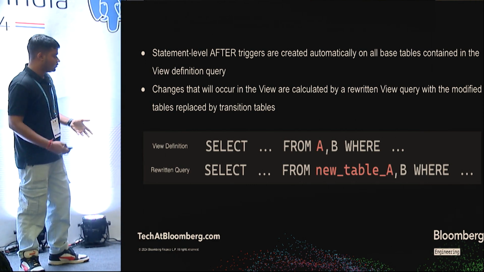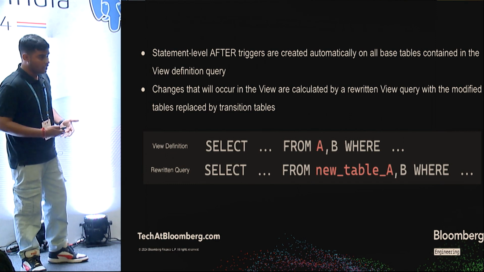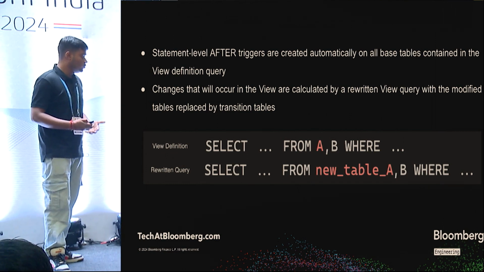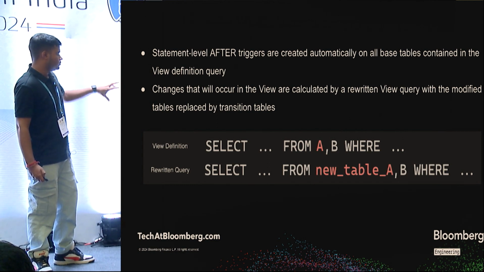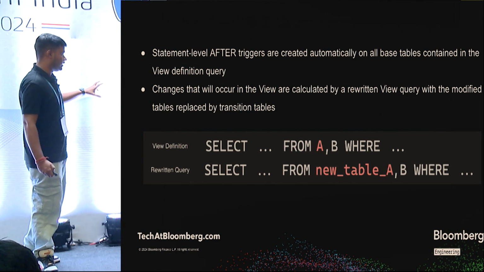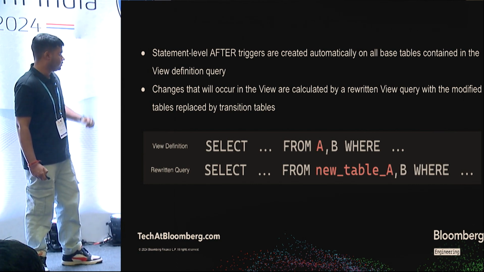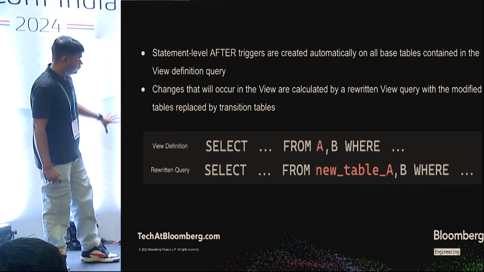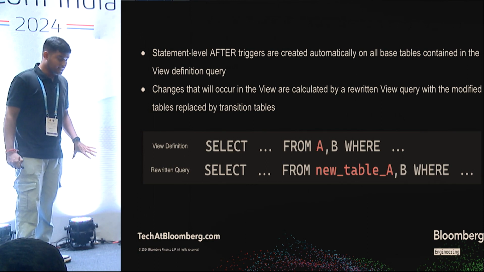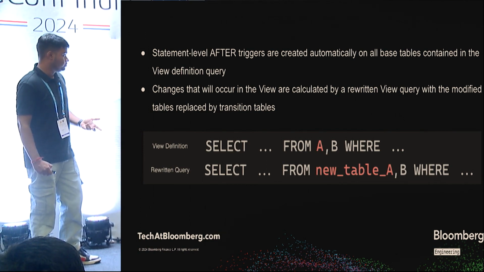So now we have the rows that were affected, and in order to get the rows that we want to apply in our view, we rewrite the view definition and get the delta v and the gradient v that we are going to apply on our view in order to update it. This is how the normal use case of PGIVM works, but there can be some edge cases, and let's talk about some of them.